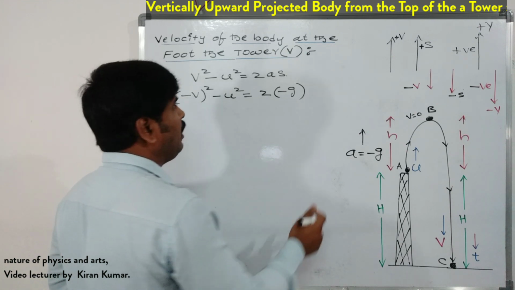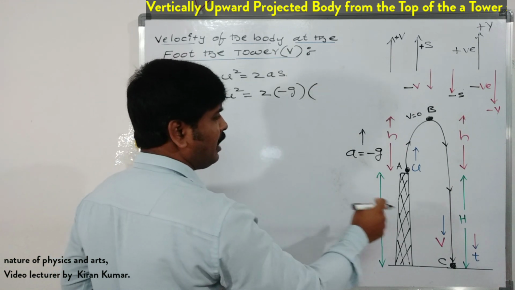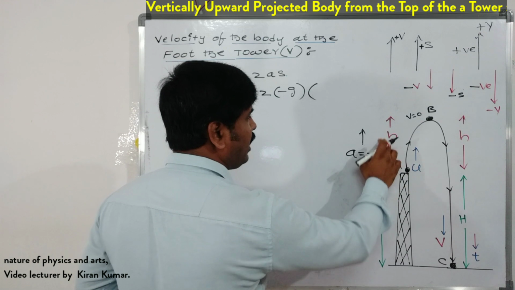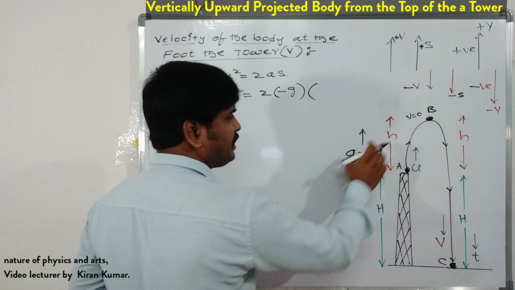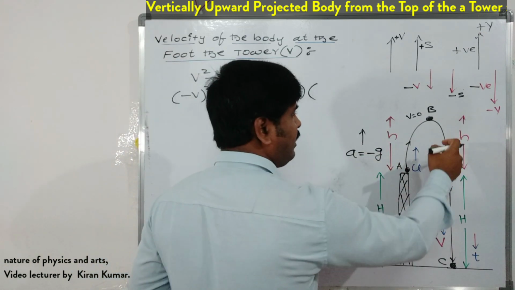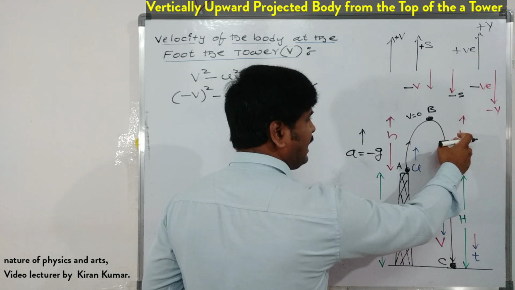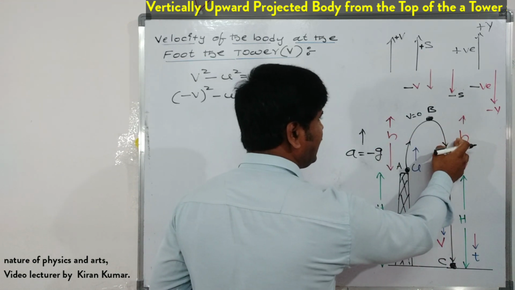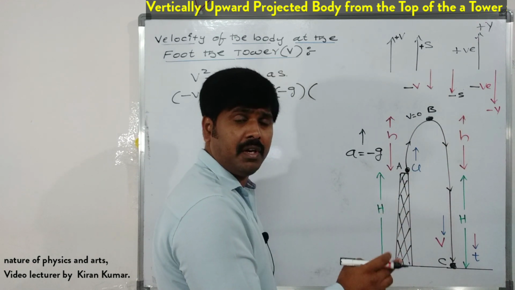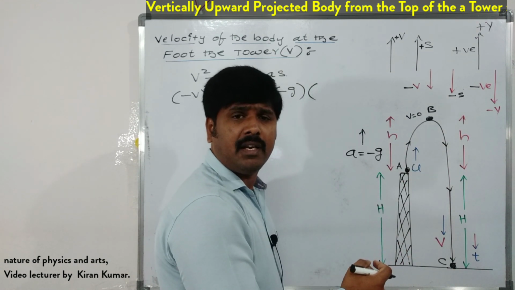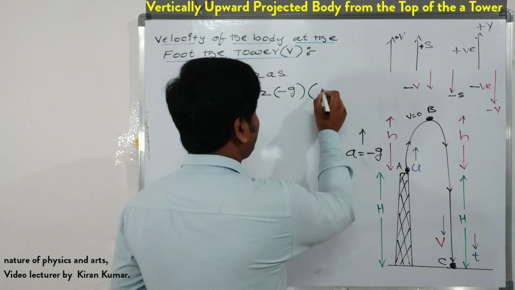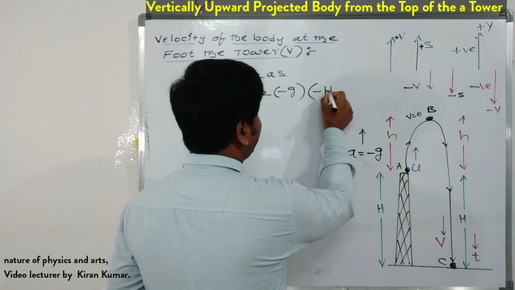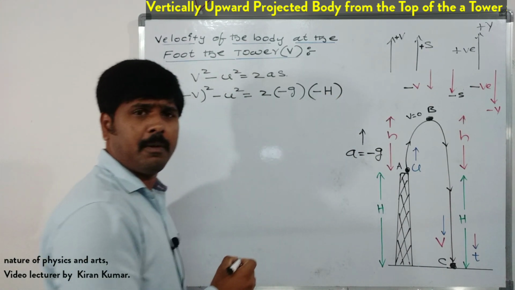Then the displacement here is upward direction, displacement is h, and downward direction is minus h minus capital H. This plus h minus h gets cancelled, as we already did in the previous height of the tower. Their net displacement is minus h.